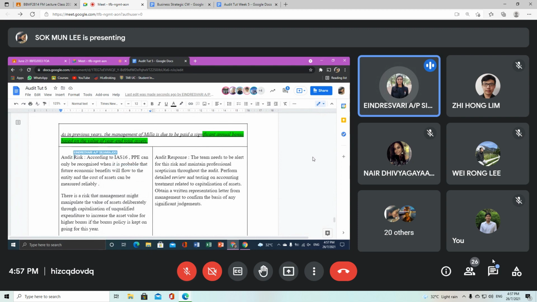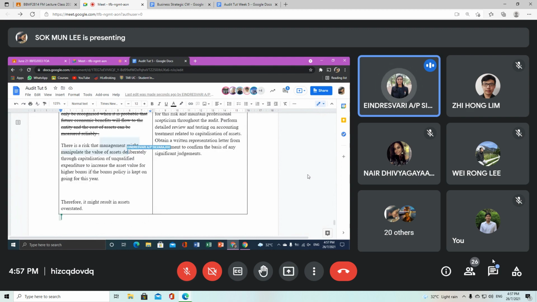Okay, coming back here. So this is related to IAS 16. No lah, don't write the wrong thing. So there is a risk management might manipulate. This is the risk that management might deliberately manipulate the expenses, capitalizing unqualified capital expenditure to increase the asset so that they can get bonus for this.